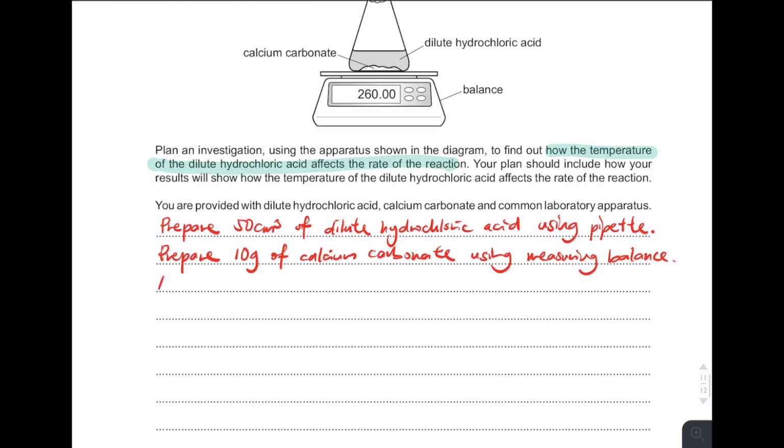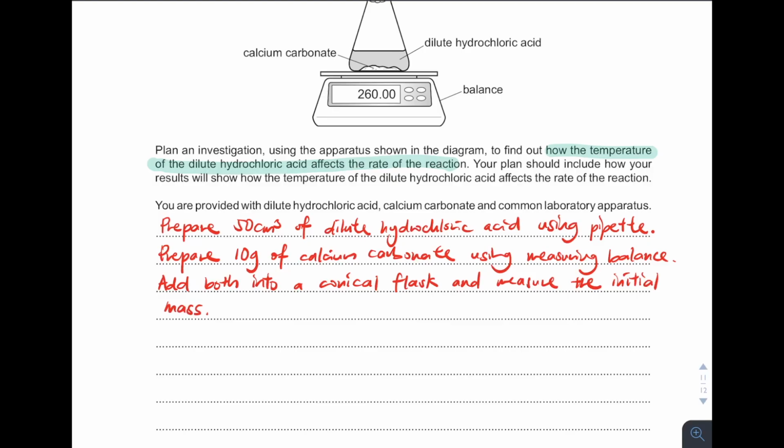Add both into a conical flask and measure the initial mass. The mass also includes the mass of the conical flask.